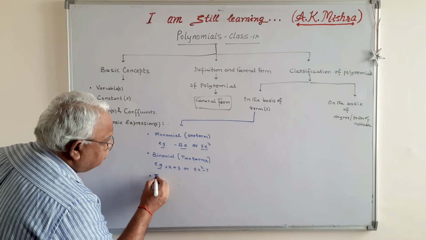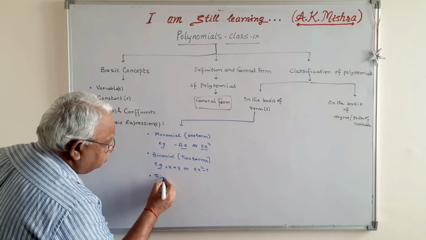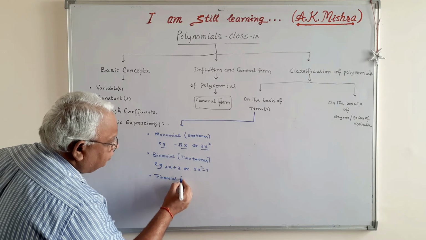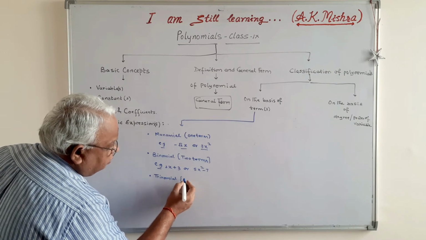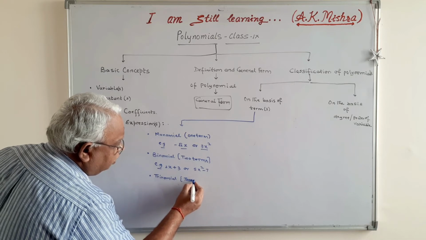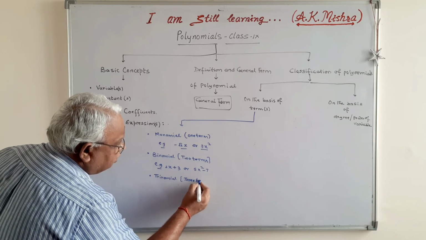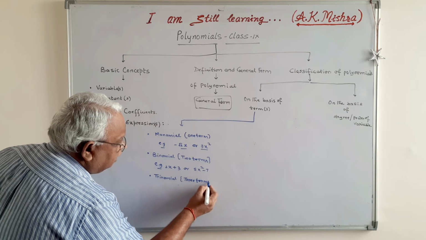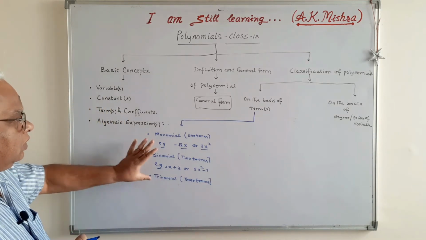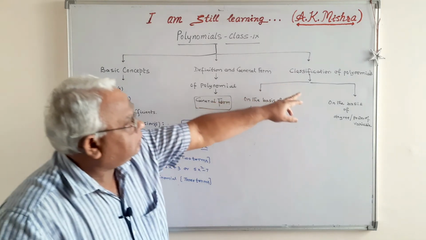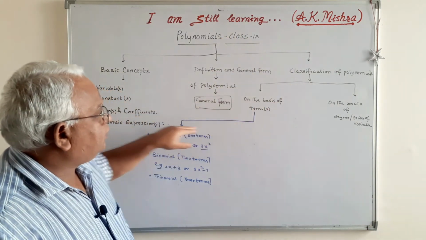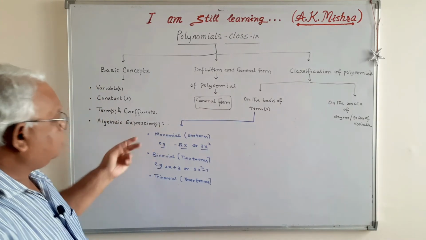Then you have trinomial. Trinomial means three terms, a polynomial with three terms. Mind it, again I am telling you that I am only talking about polynomials. The classification is of polynomial only.